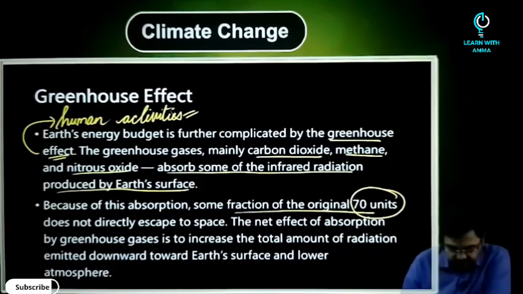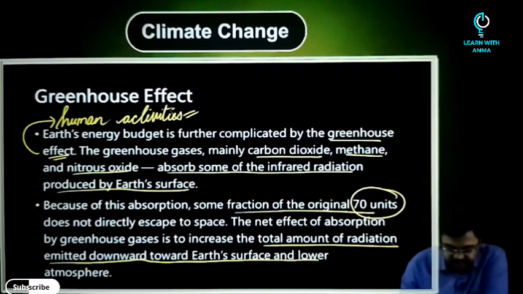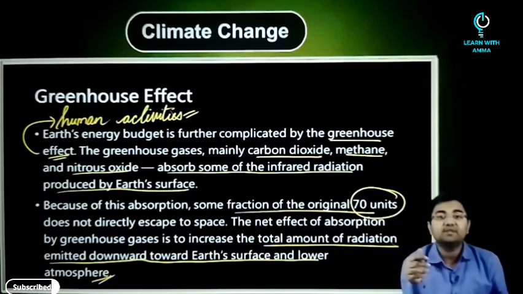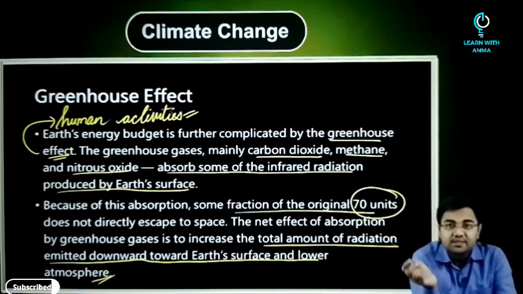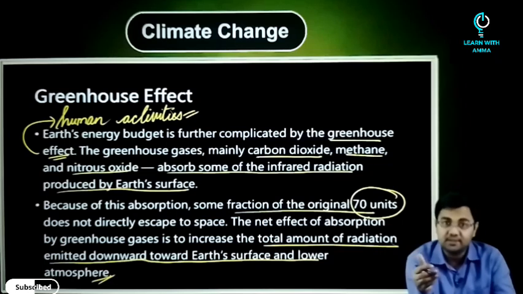The net effect of absorption by greenhouse gases is to increase the total amount of radiation emitted downward towards the surface and the lower atmosphere. So what is happening is that the Earth's energy budget is getting complicated, and this is happening because of the greenhouse effect. What is the greenhouse effect? Greenhouse effect is coming from the greenhouse gases, and these are gases which have some property.